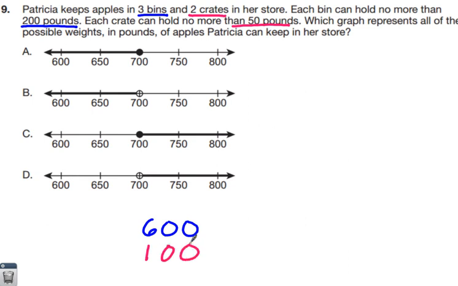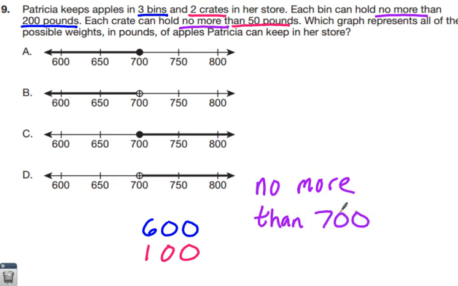So basically, it's worth pointing out this whole "no more than." Overall we have no more than 700, right? Altogether there's no more than 700.